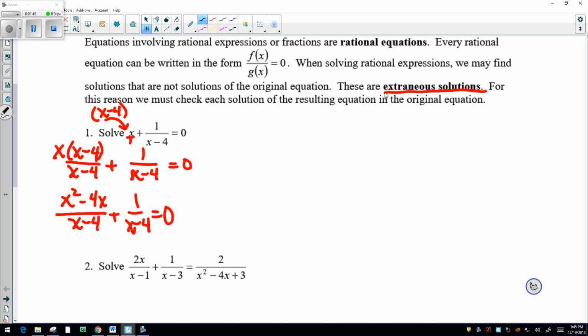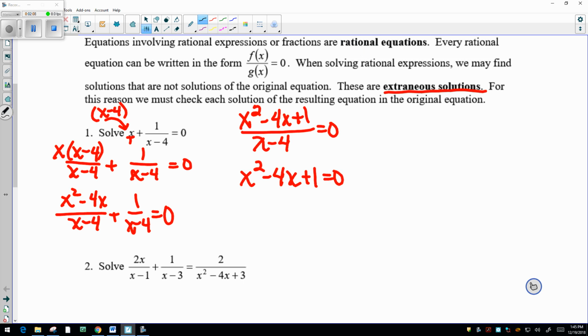So by combining the numerators, we get x squared minus 4x plus 1 all over x minus 4 equals 0. And so to solve something like this, we're thinking, when is a fraction equal to 0? A fraction is equal to 0 when the numerator is equal to 0. So I'm going to set that equal to 0 and solve.